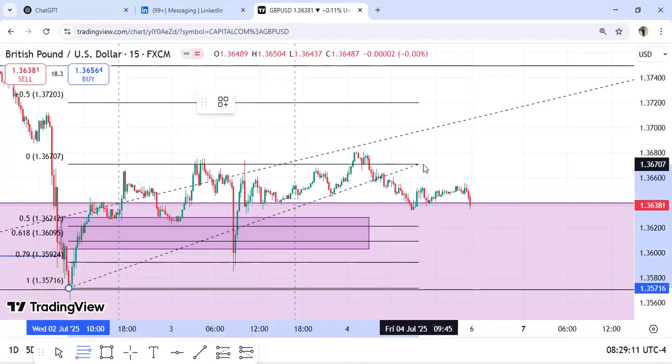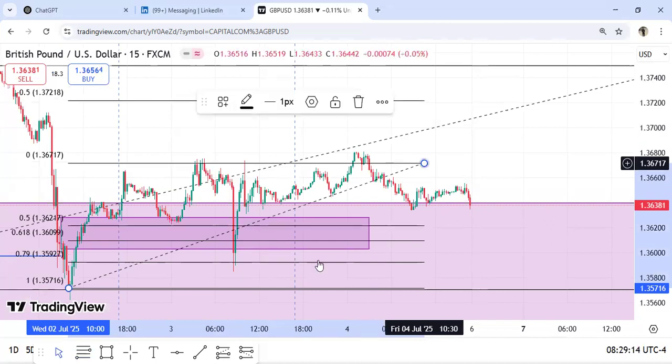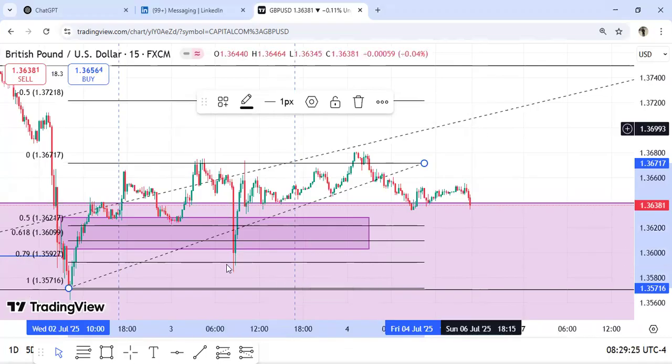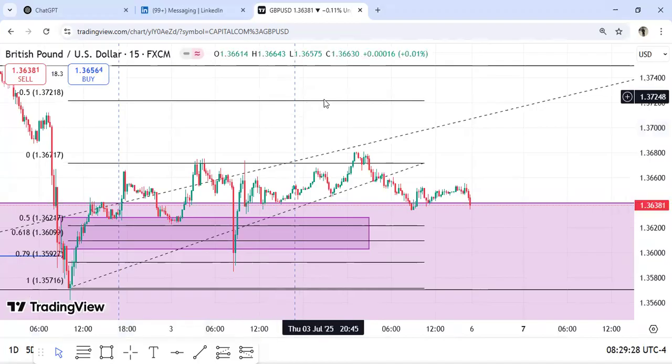Look at it here. You can see how the 79% area was properly respected. Generally, whenever I see a 79% retracement, I'm always expecting price to run to the 0.5 level, which is at 1.37228.